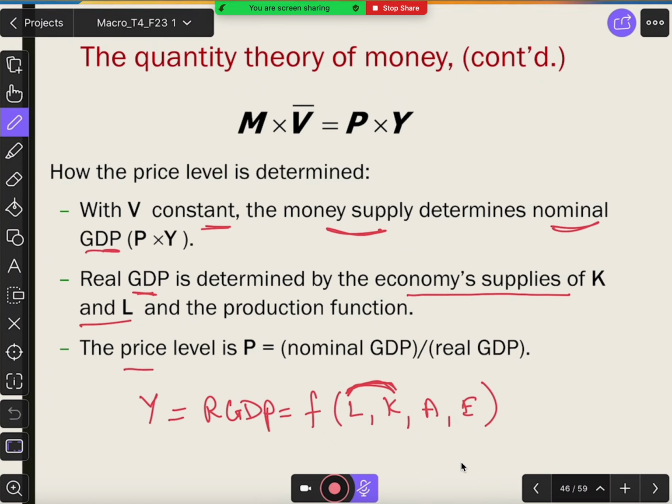And then the price P is equal to the nominal GDP over the real GDP, and this is the definition of the GDP deflator. Right? The GDP deflator is the nominal GDP over the real GDP.